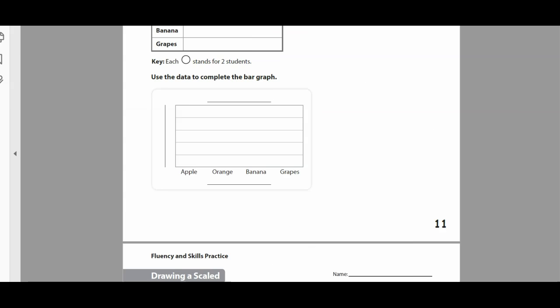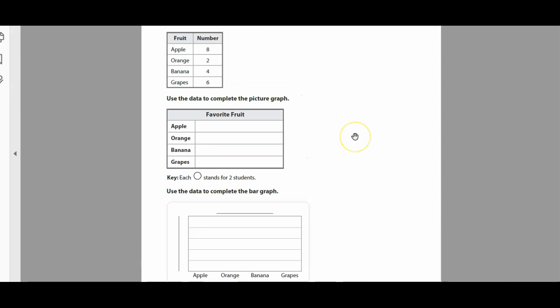Oh, whoa. Now look. So we had 4 of them right here, right? Because I have to use this information to make the bar graph at the bottom. And then only 1 orange, 2 for banana, and 3 for grapes, right? Okay, so now I have to do a bar graph.